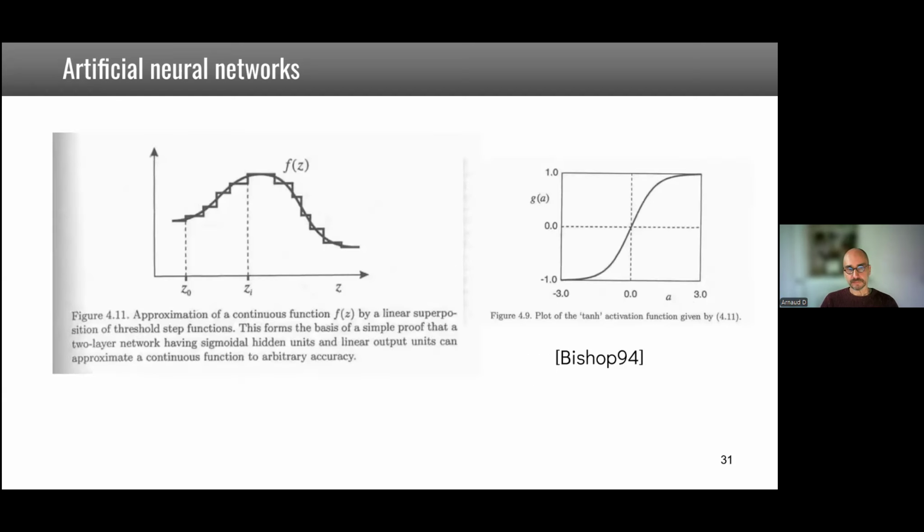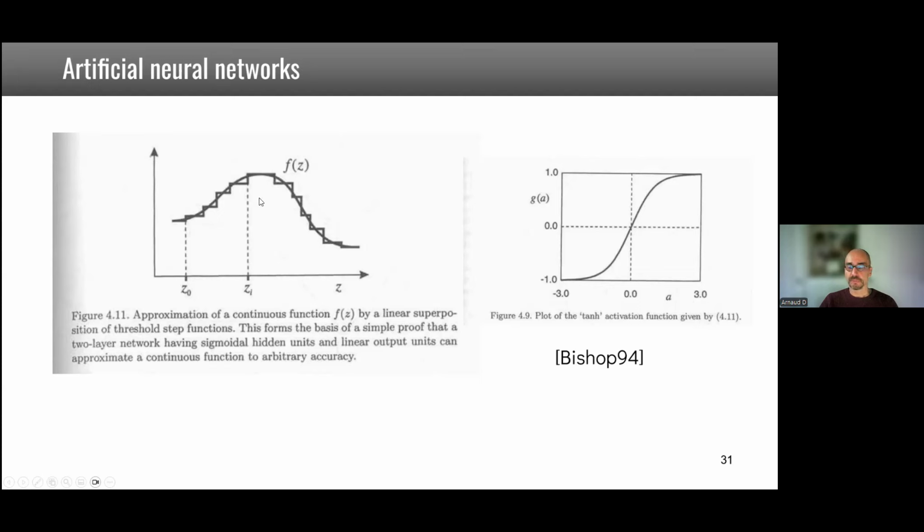But then you can show that if you have any type of function, and you put enough of these neurons in the hidden layer, you're going to be able to approximate it with a sum of these activation functions. Here they are step functions, but they could be a bit smoother, okay?